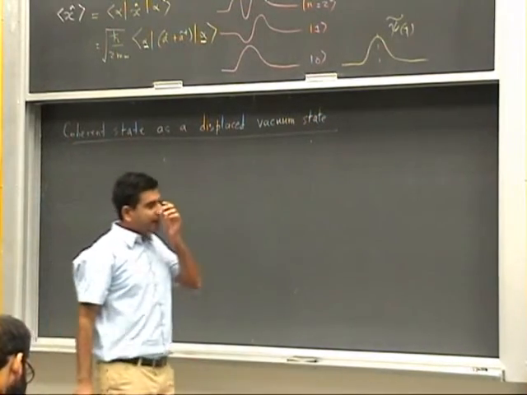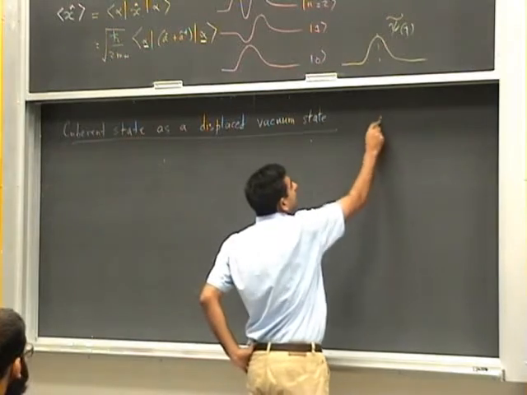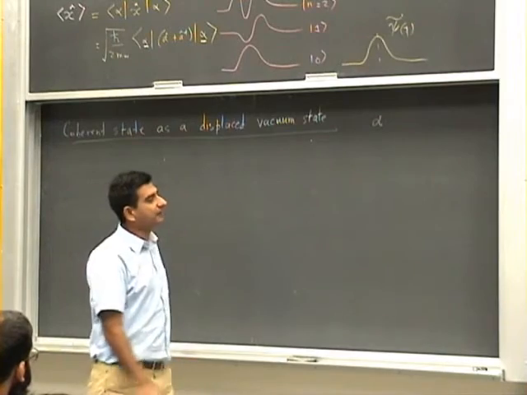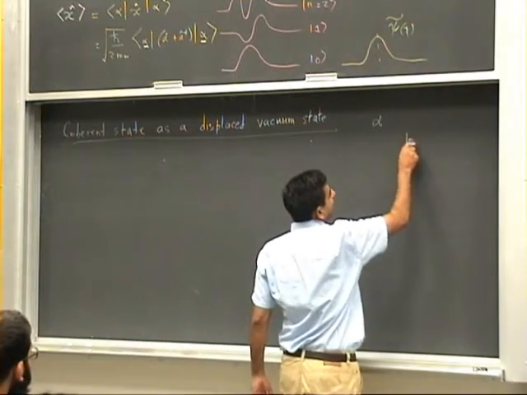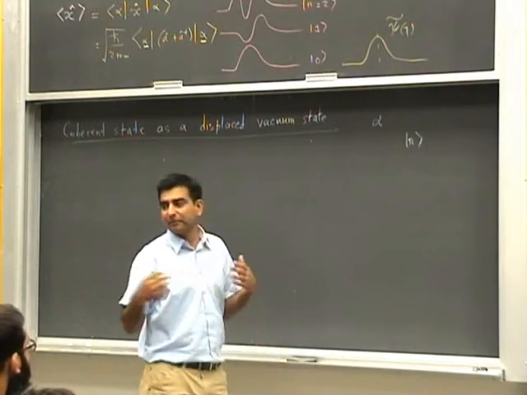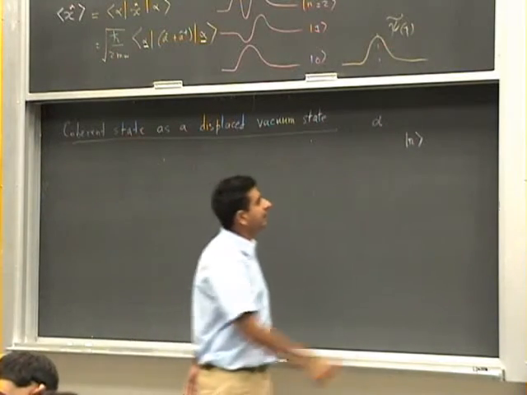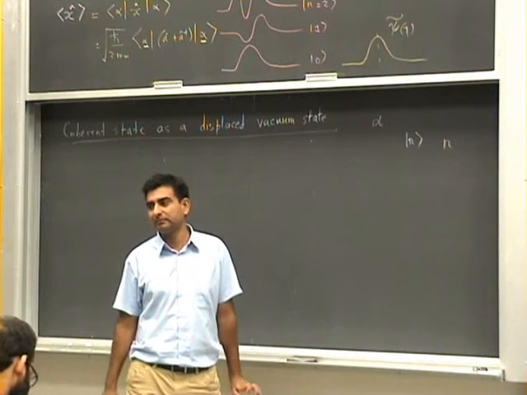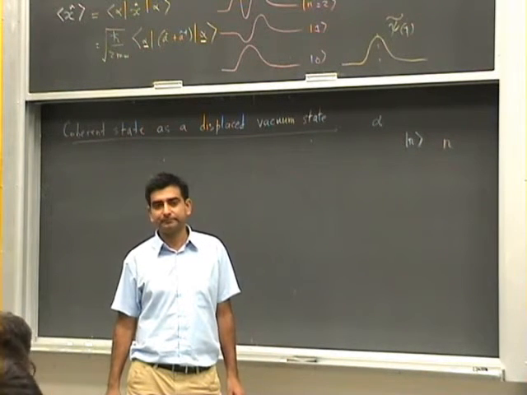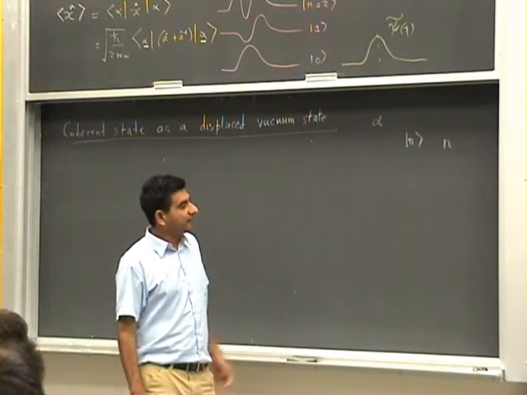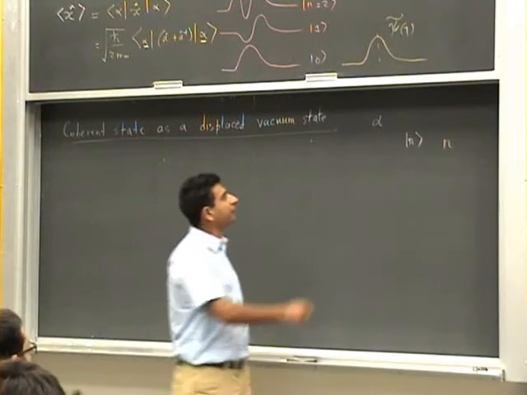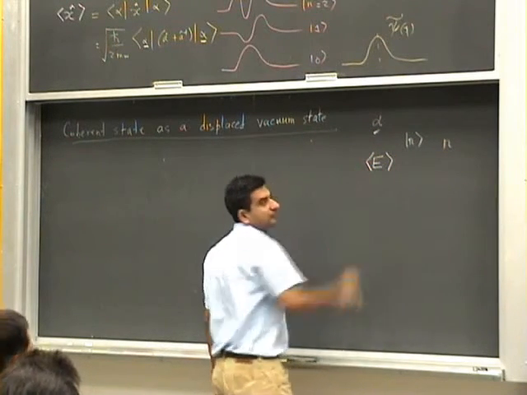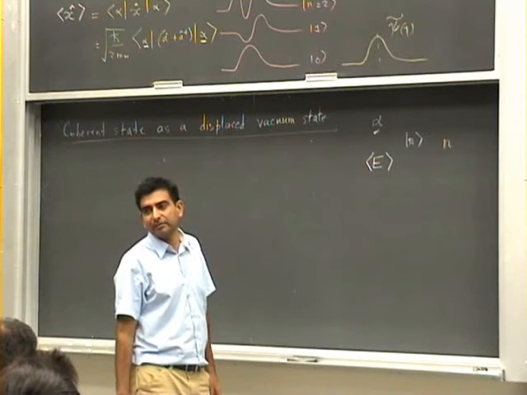Another thing that I would like you to understand is the meaning of alpha, since there were questions about the meaning of alpha as well. If you have the number state n, and you're talking about a cavity, then this n would actually represent the number of photons in the cavity. Now, I've given in homework a question: if you have a coherent state, what is the expectation value of the energy of the harmonic oscillator?